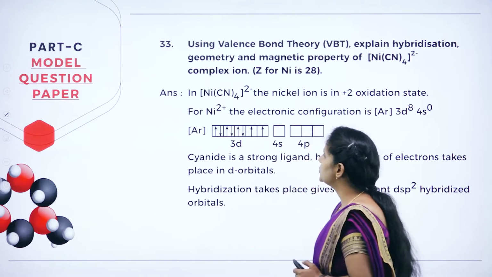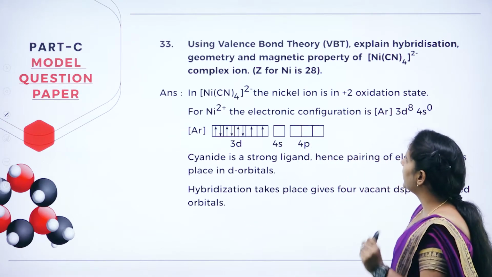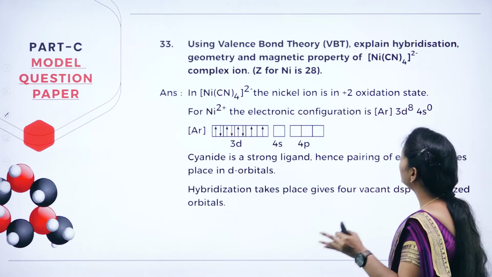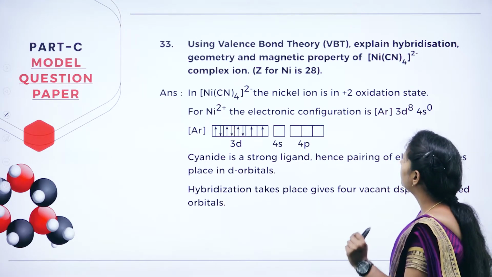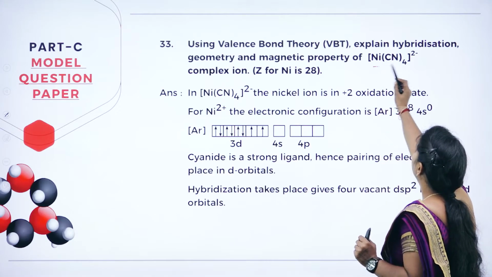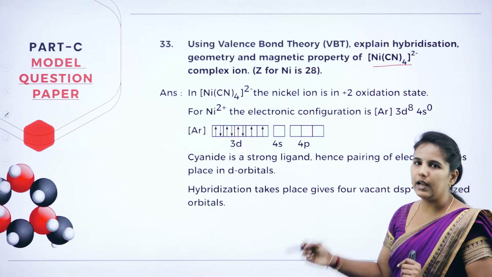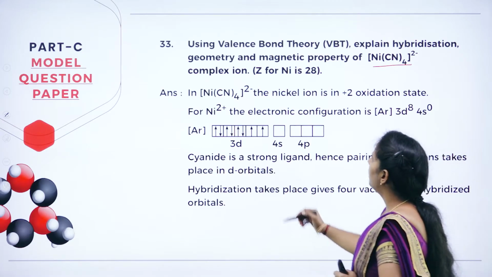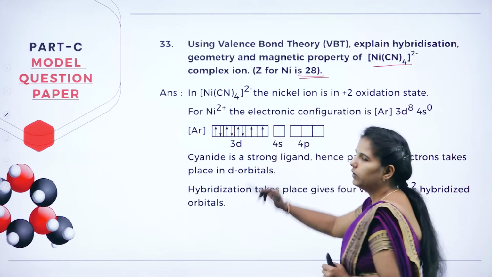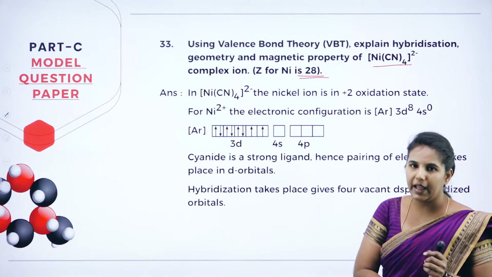Coming to the next question: using valence bond theory, explain the hybridization, geometry and magnetic property of the tetracyanidonickelate(II) ion, where the atomic number of nickel is given as 28.